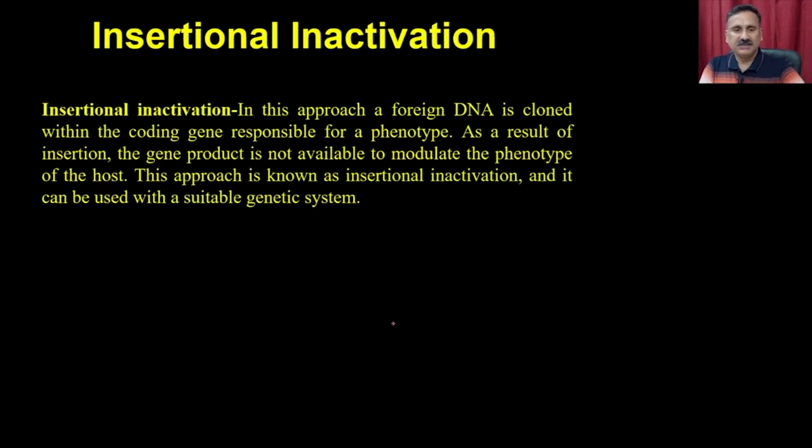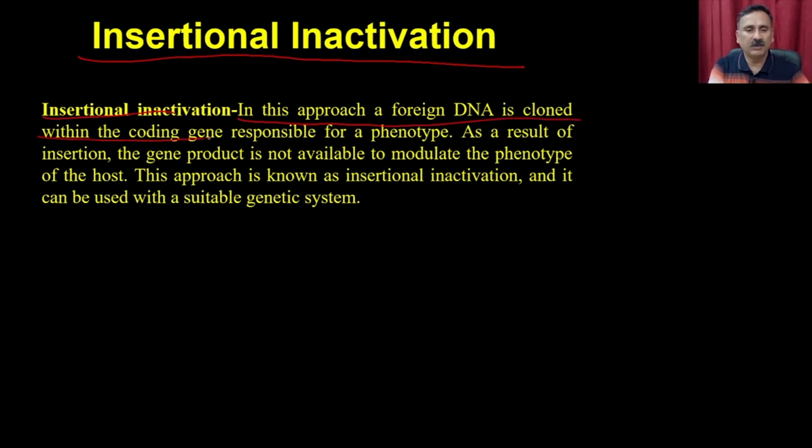Then the third approach is insertional inactivation. Okay, so in insertional inactivation, a foreign DNA is cloned within the coding gene responsible for a phenotype. As a result of insertion, the gene product is not available to modulate the phenotype of the host.